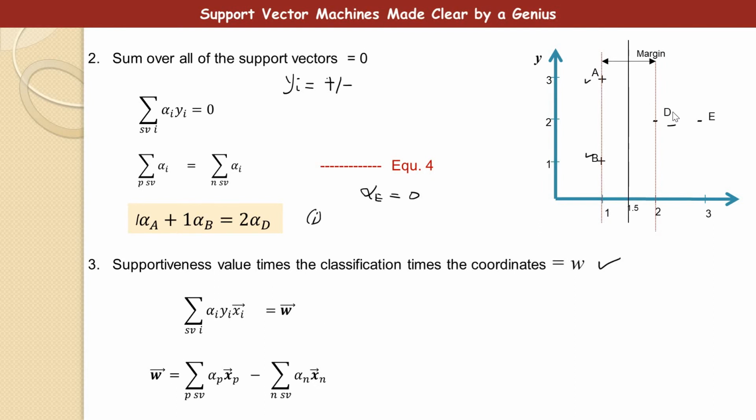So the coordinate, of course, you know, D is 2, 2. This is 1, 3, right?